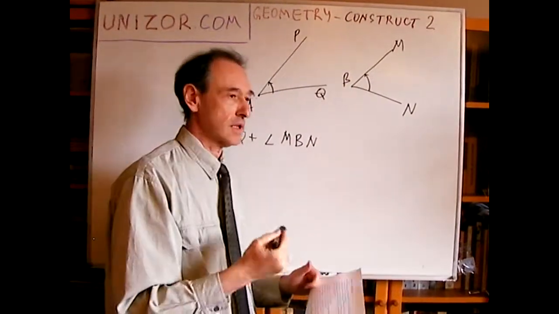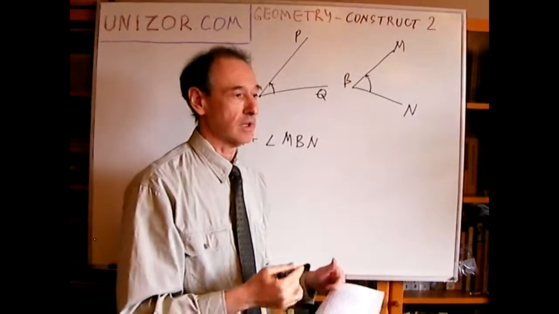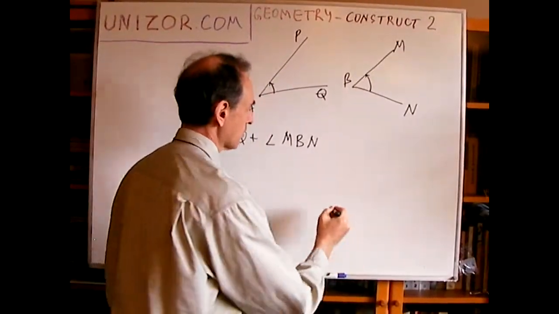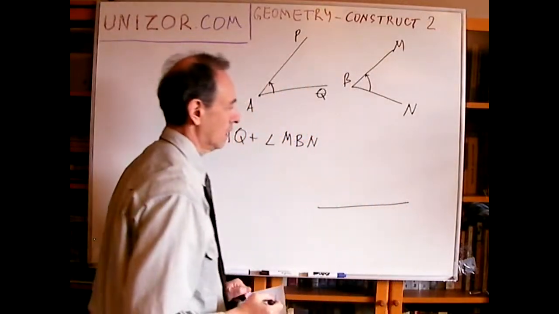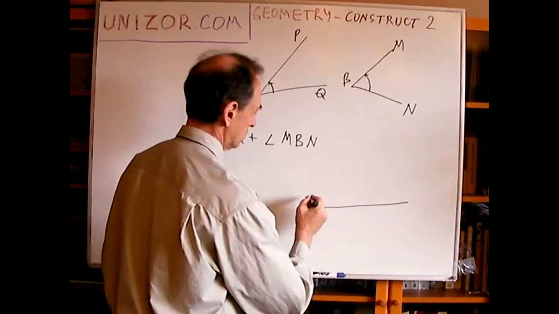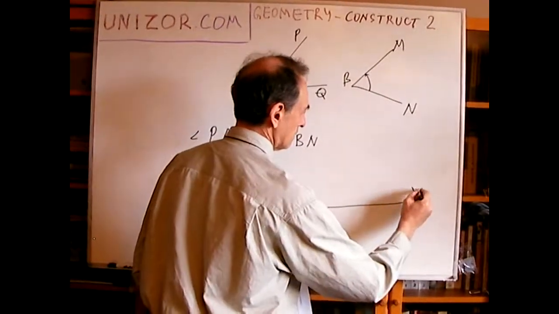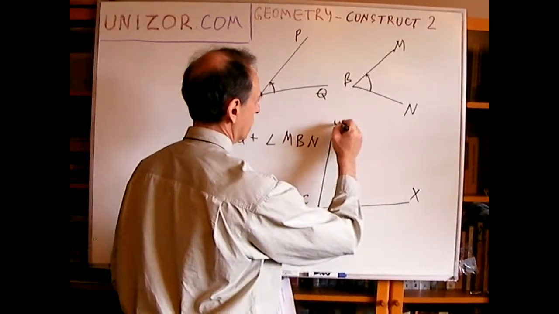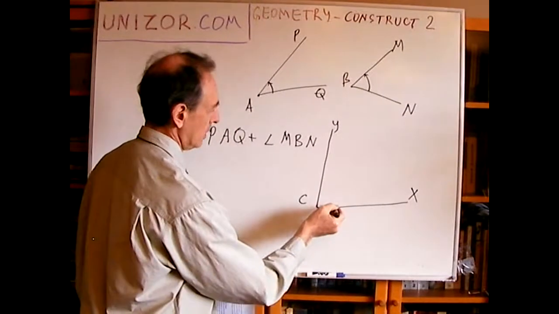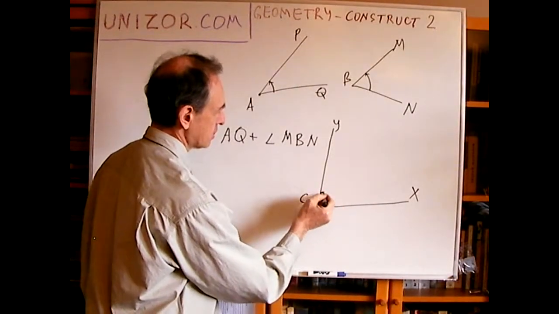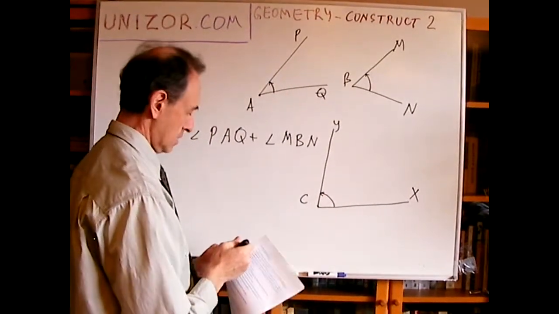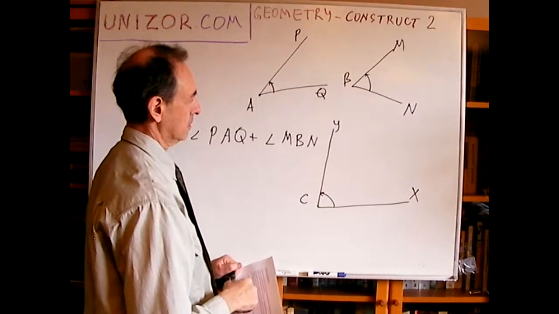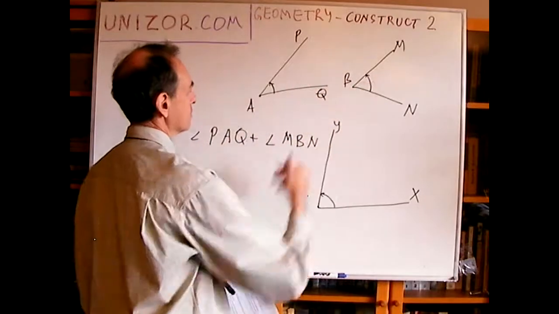And again, if we go to really scrupulous details, let's assume that there is some kind of ray given to you, let's say CX, and you have to construct another ray, CY, in such a way that this particular angle is measured as a sum of these two angles.